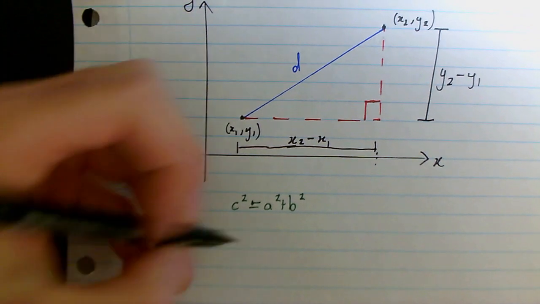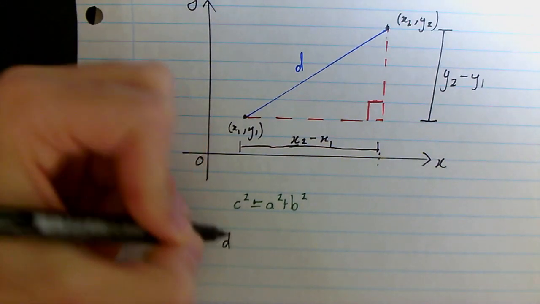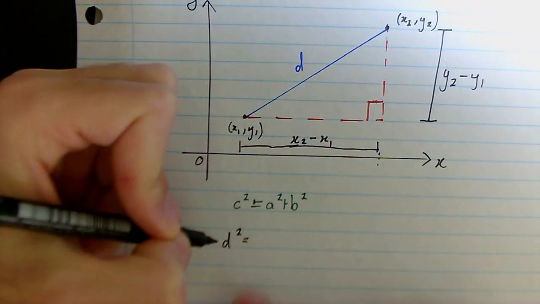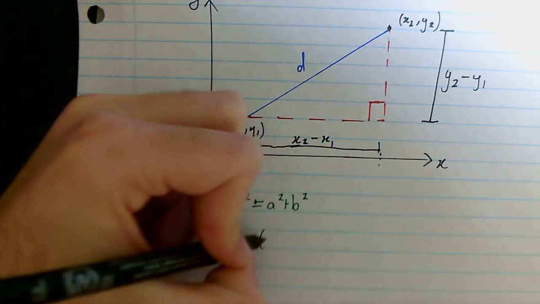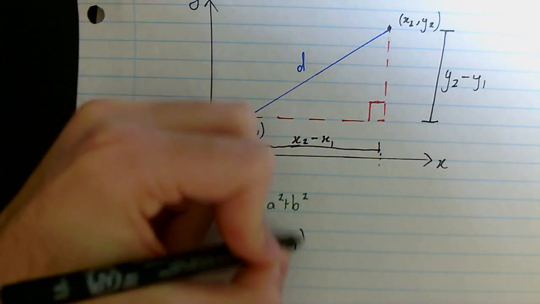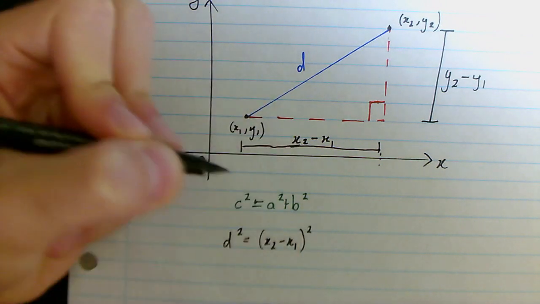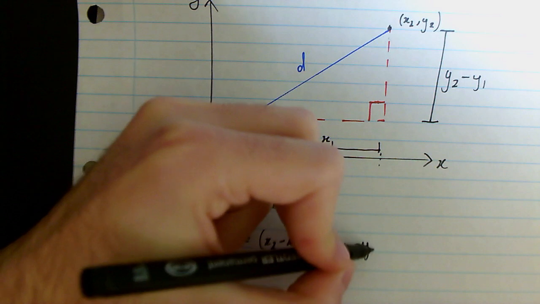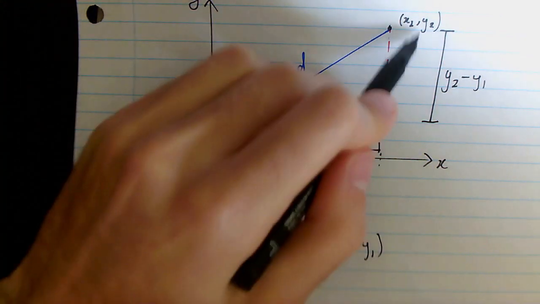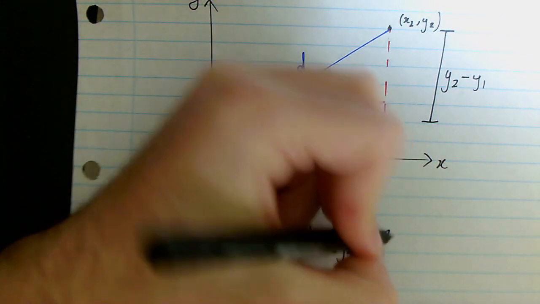If we apply this, we get d squared is equal to, for a, I'm going to call x2 minus x1, so x2 minus x1 all squared, plus y2 minus y1, for the b, all squared.